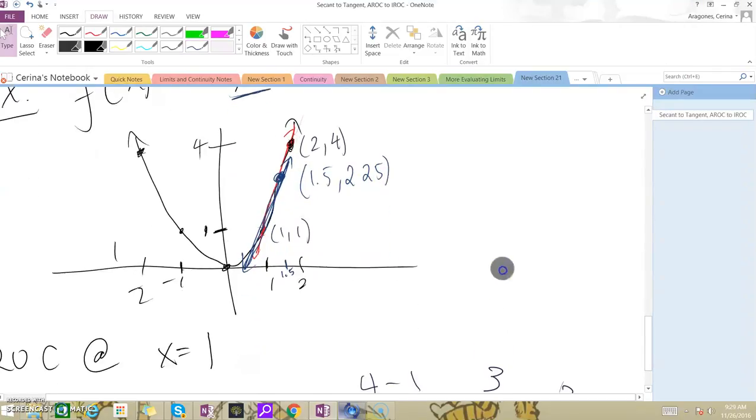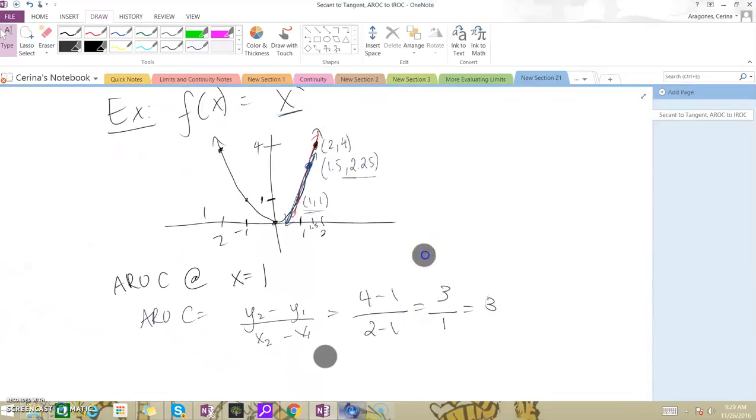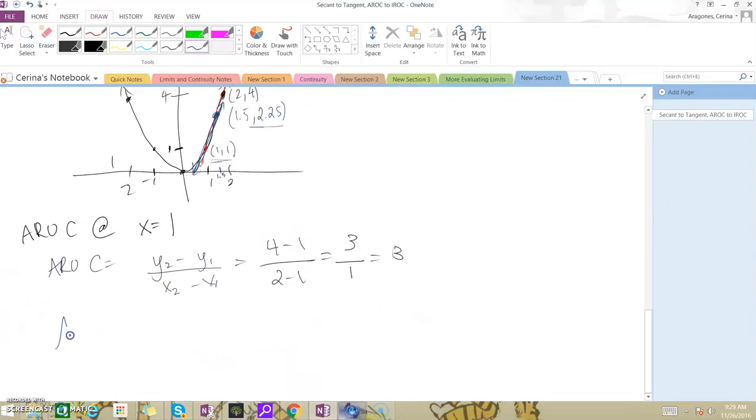Okay, so those are my 2 points, 1, 1, and 1.5, 2.25. So then let's find my average rate of change there. Again, it's my change in y over my change in x.